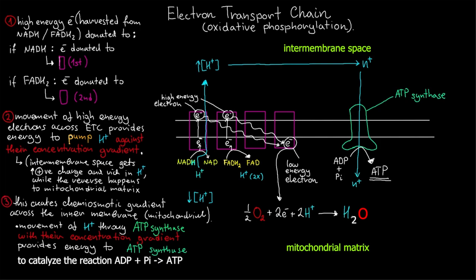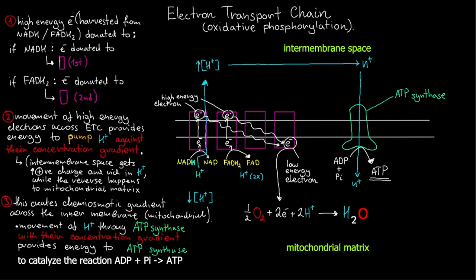When our high energy electrons move throughout the electron transport chain proteins, they lose their energy state. Therefore, at the last protein of the electron transport chain, we would have low energy electrons. And because they are low energy electrons, they cannot really be reused in the electron transport chain. That's why we give away those low energy electrons on the formation of H2O.